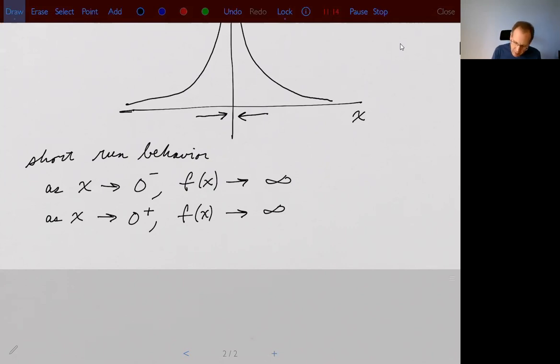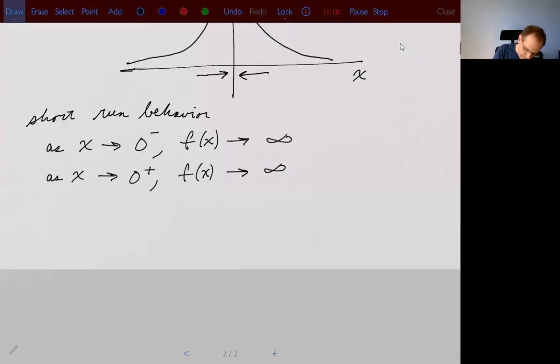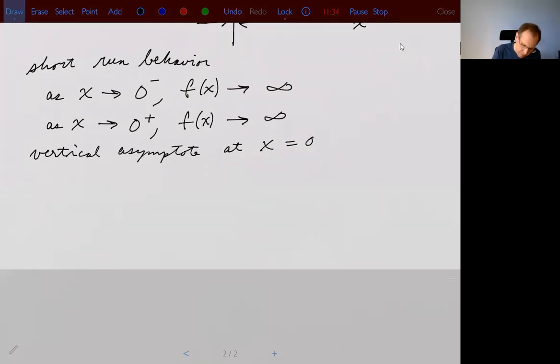So what does that mean? It means I have a vertical asymptote again at x equals 0.